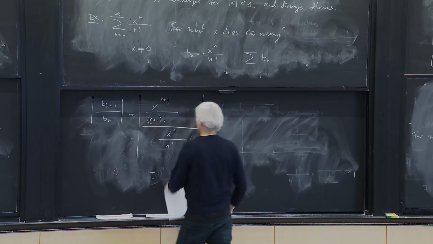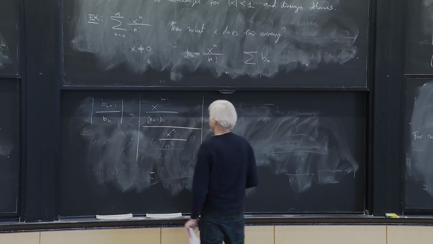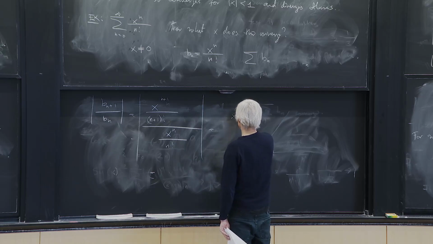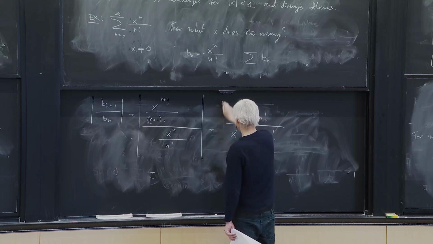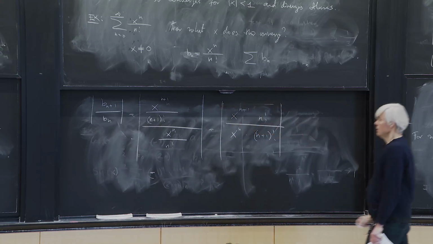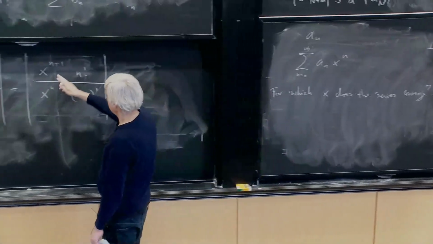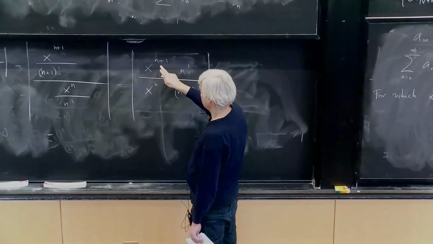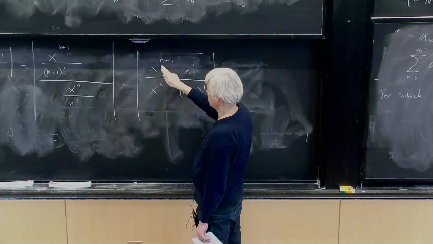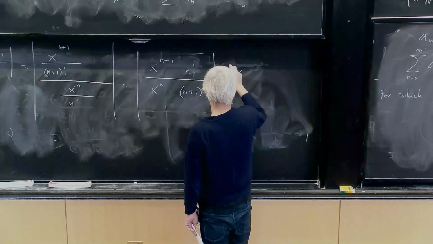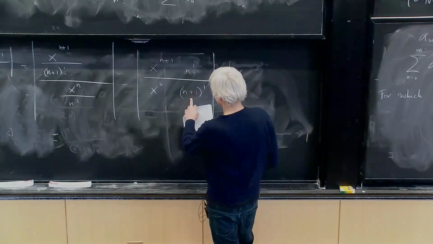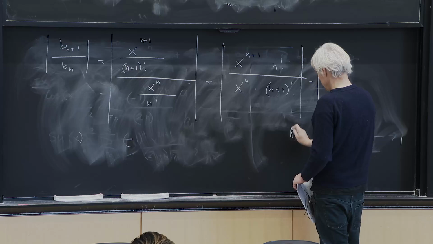If you do that, this here flips upside down, and you're getting x to the power n plus 1 times n factorial, and then x to the n times n plus 1 factorial. So this is what it's equal to. And now, of course, there are x times itself n plus 1 times. The n of those cancel out with this, so this is x.